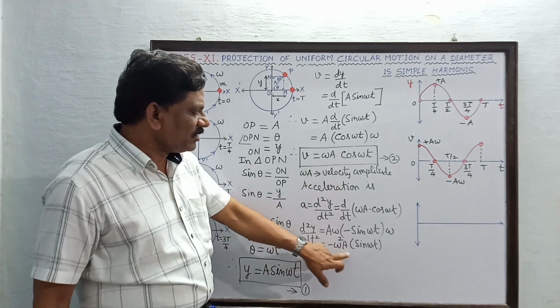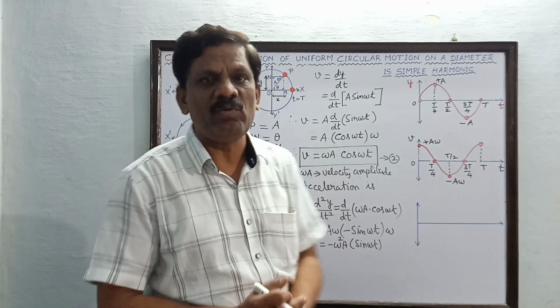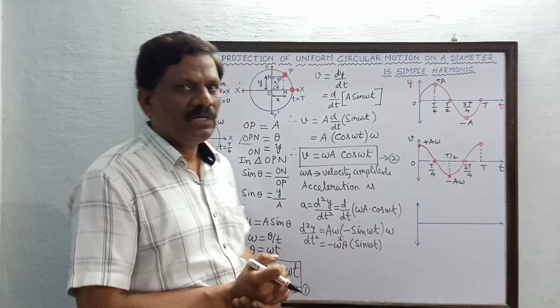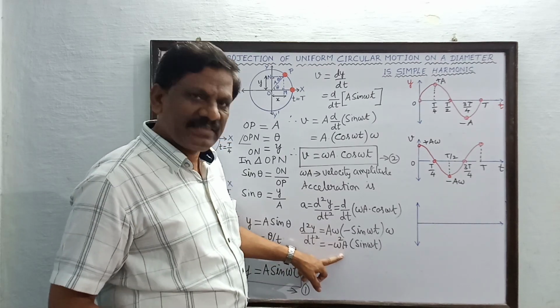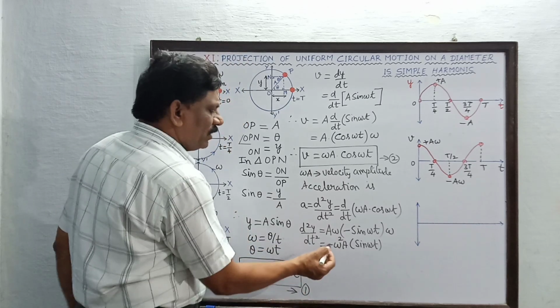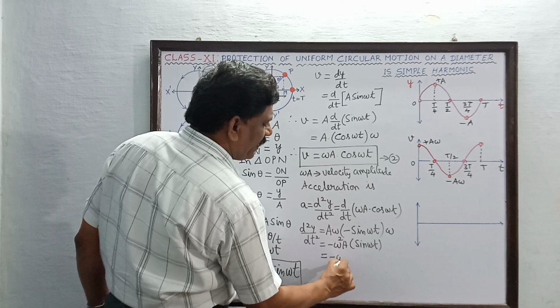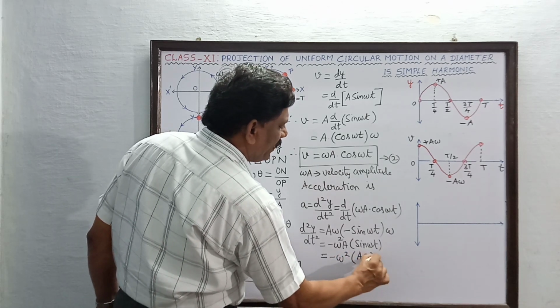So this omega square a with the negative sign is called the maximum value of the acceleration, or acceleration amplitude. So minus omega square into a is called the acceleration amplitude. Now this also can be written as minus omega square into a sin omega into t.